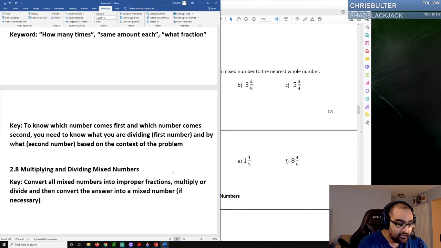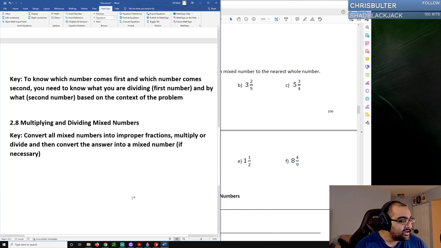Sometimes you may get a proper fraction as an answer. That's possible, but that's the whole key there: convert, multiply or divide, then convert the answer if you need to, and that's pretty much it.